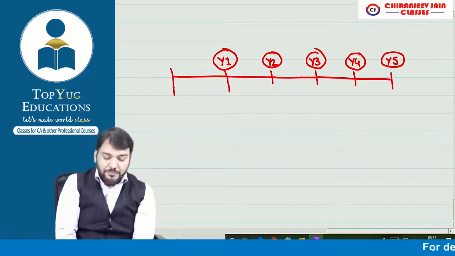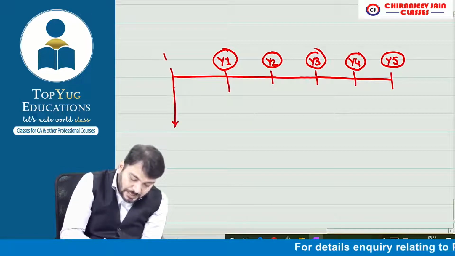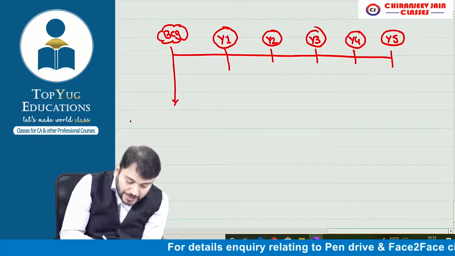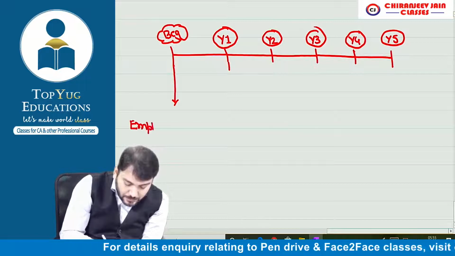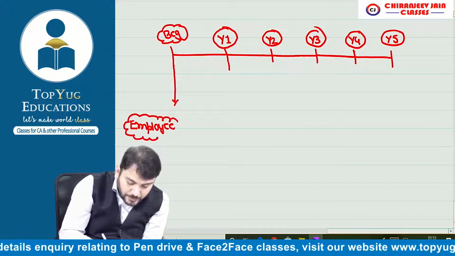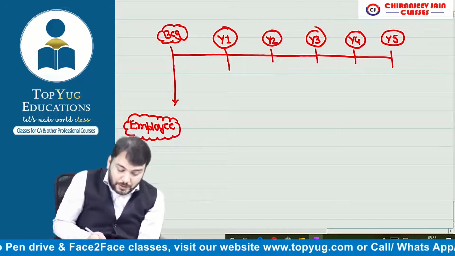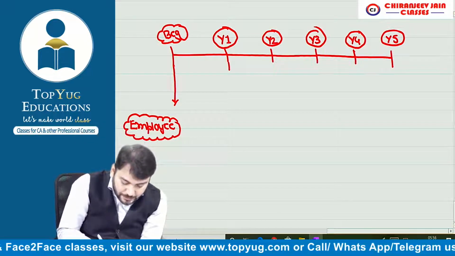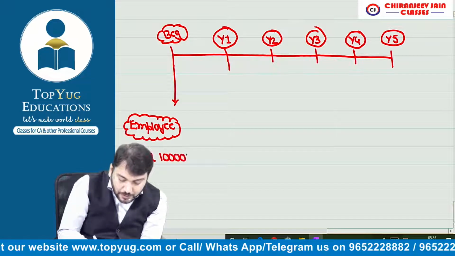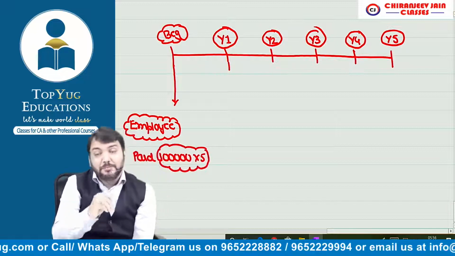Now, at the beginning of year 1, you appointed an employee, and you paid that employee 5 lakh for 5 years.